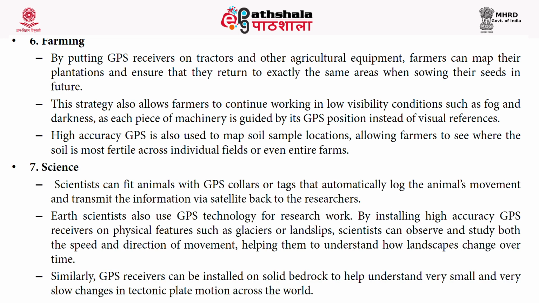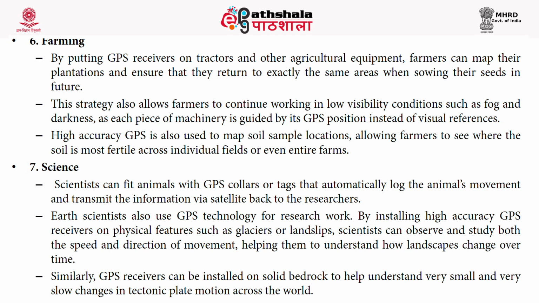The scientists also use GPS for wildlife monitoring or tracking by using GPS collars or tags that automatically log the animal's movement and transmit the information via satellite back to the researchers. It is also used by earth scientists for research work, such as by installing the receivers on glaciers or landslides.